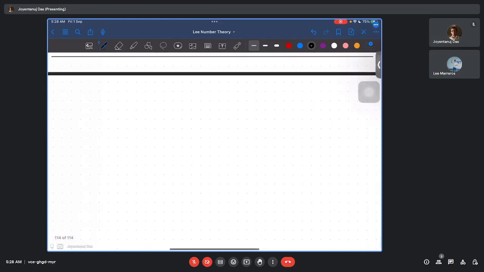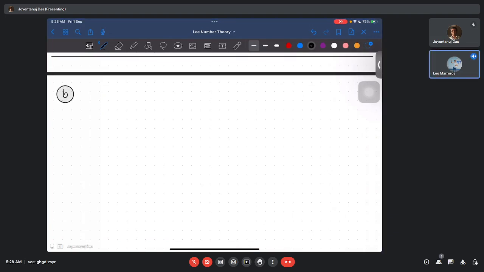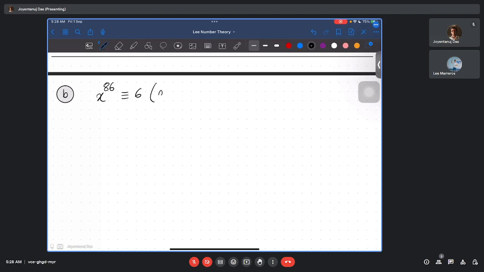So part B, what they're saying is x to the 86, right? x power 86 is congruent to 6 mod 29. So here you have to find x.